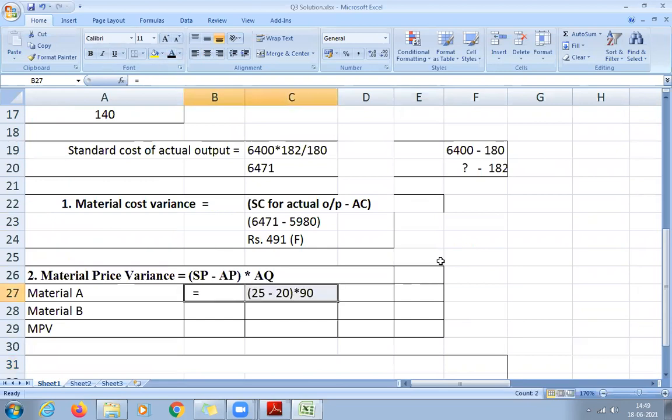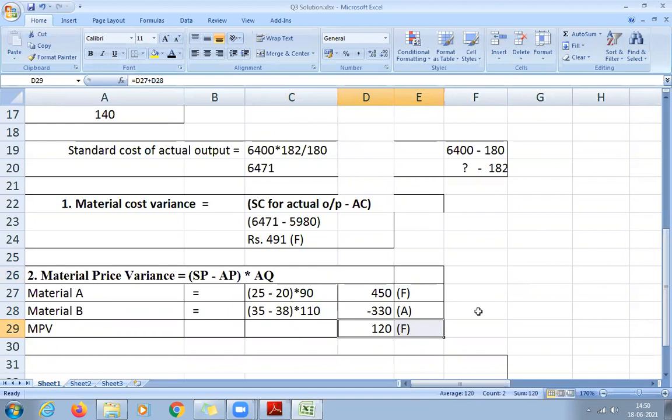25 minus 20 into 90 is 450, favorable. Next, calculate for B: minus 330, that is adverse, 330. Now calculate the total: 120 favorable.